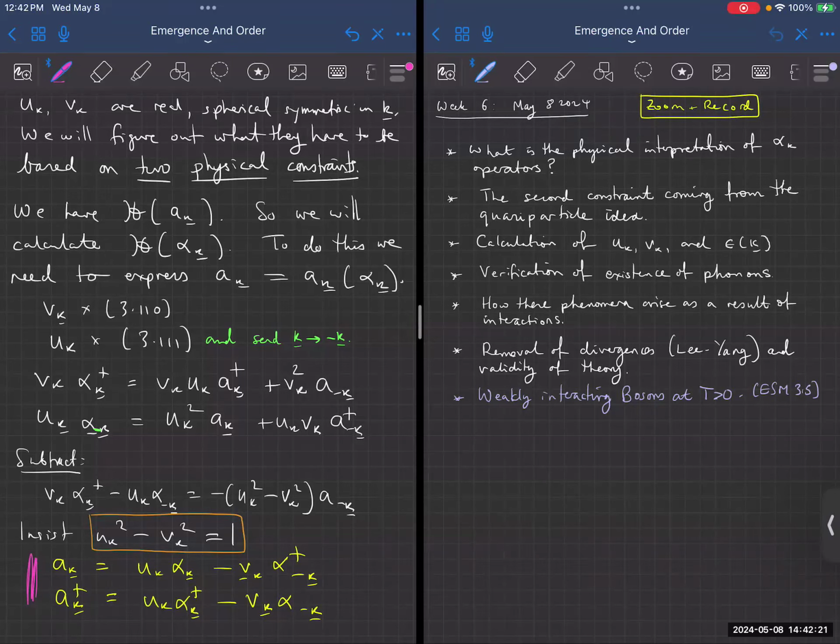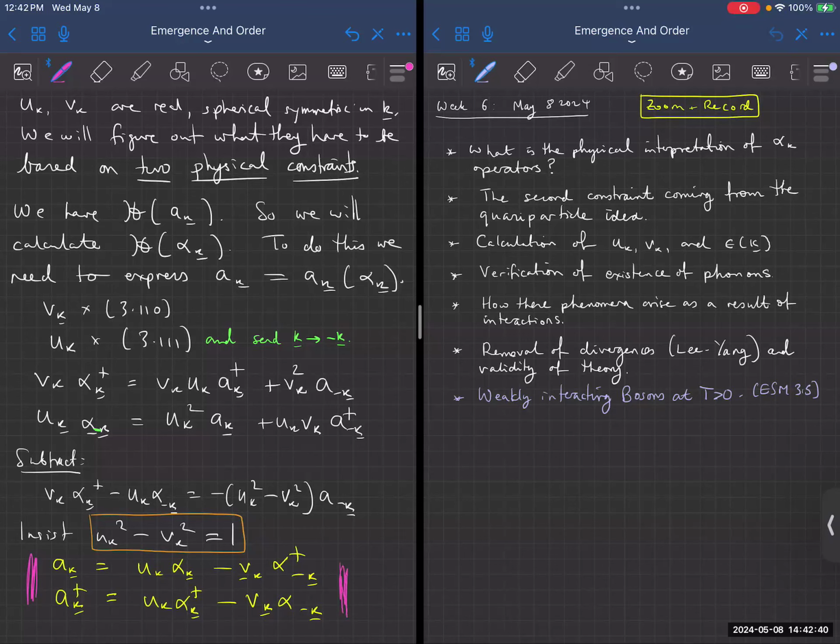And all we did was we basically multiplied the definitions by vk and uk respectively, sent k to minus k. There was another typo that I made last time, which I realized afterwards. And then in the end, you get the equations written down at the bottom of the page on the left-hand side.